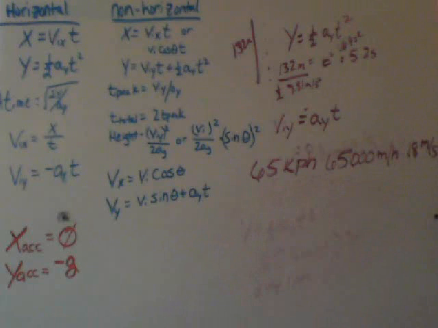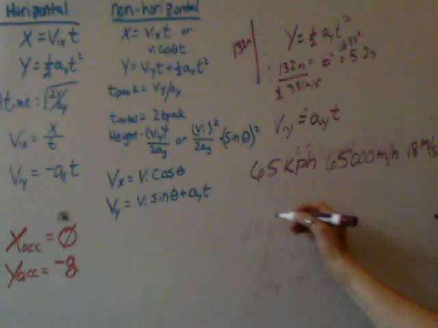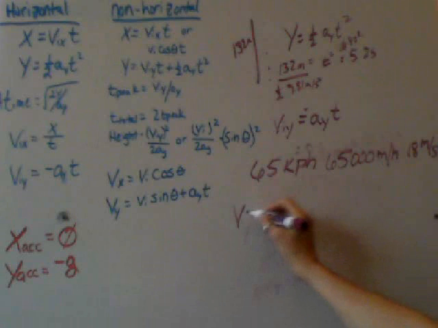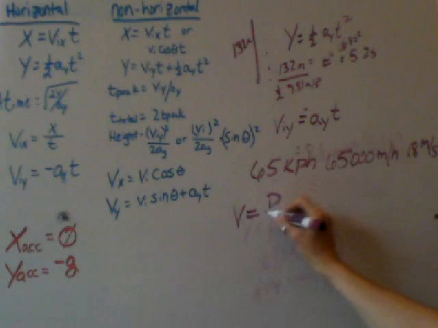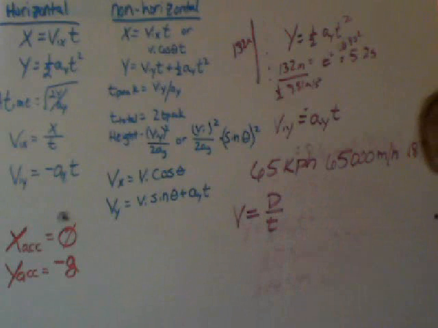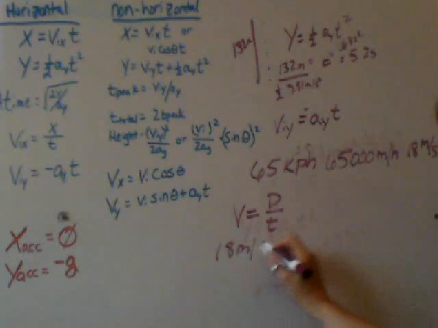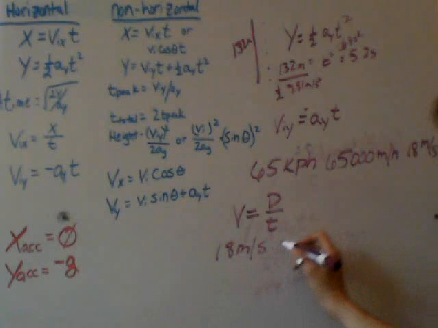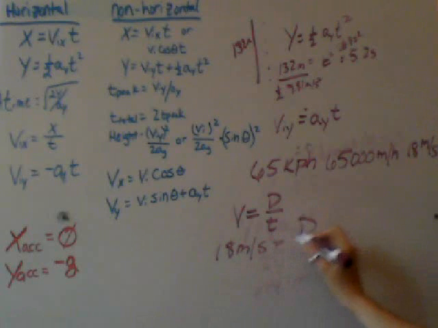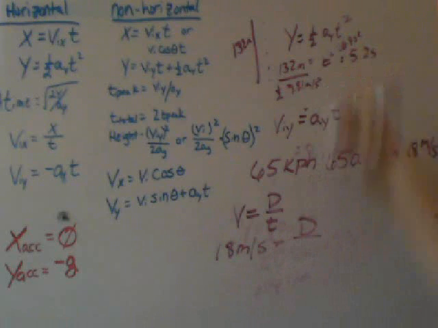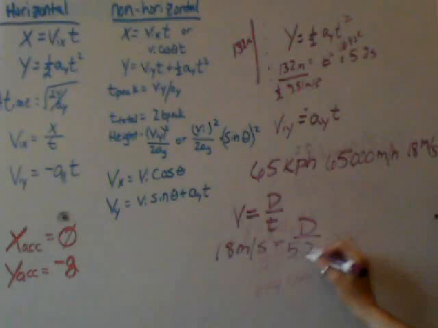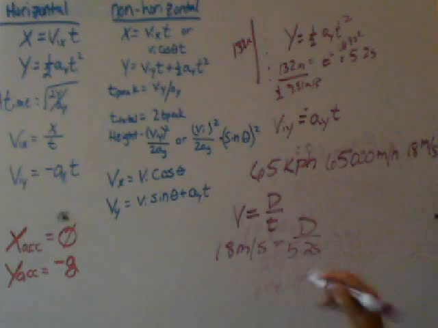So then we know that the velocity equals the distance divided by time from way back in our first chapter. So we know if the Roadrunner is approaching with 18 meters per second velocity, we want to know what distance will he cover in the amount of time it takes for the boulder to drop, and we've calculated that in A as 5.2 seconds.